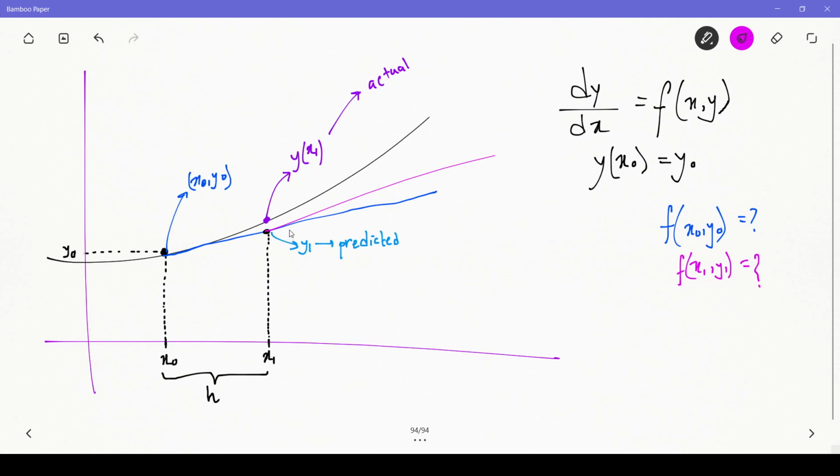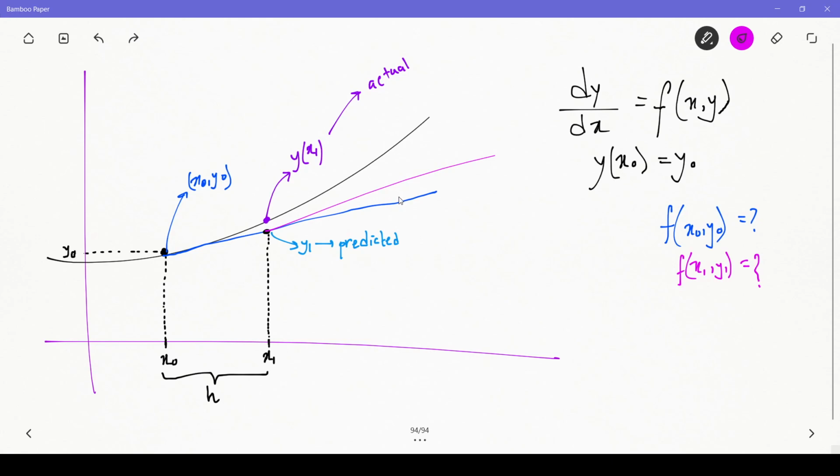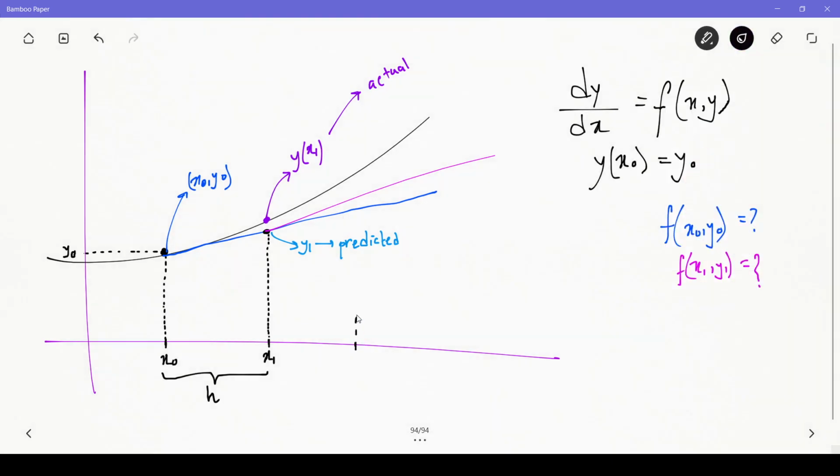So what's happening here is that this pink color slope that I have ended up with, this straight line, will help me approximate the value of another point ahead of x1. Let's call it x2. So let's say x2 is somewhere over here, roughly the same step size, and I'll be able to calculate the value of y2 for the point x2, right?